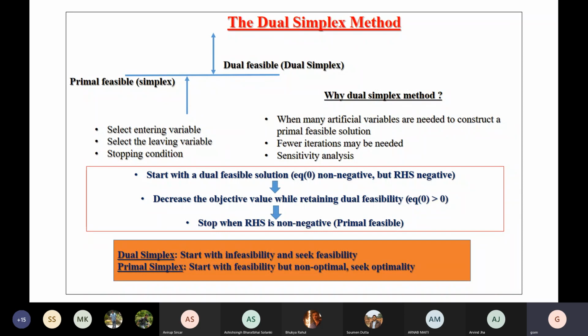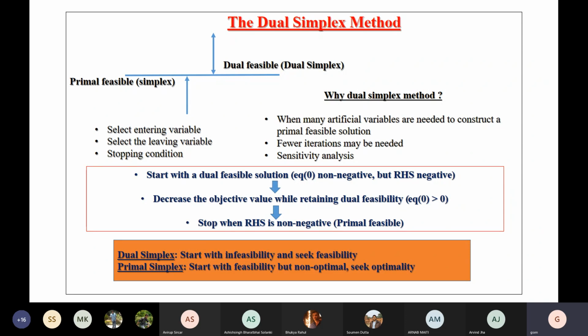Okay, so if we consider the feasibility space of the dual, then it will be on the other side, and because it's a minimization problem, if we apply simplex on the dual of the problem, we will start from a higher objective value, then we'll lower the value, we'll find better solutions, in the sense that it will lower the objective value until we hit the optimal line, where both the primal feasible solution and dual feasible solution give the same objective value, which is the optimal one, right? So we are familiar with this concept.